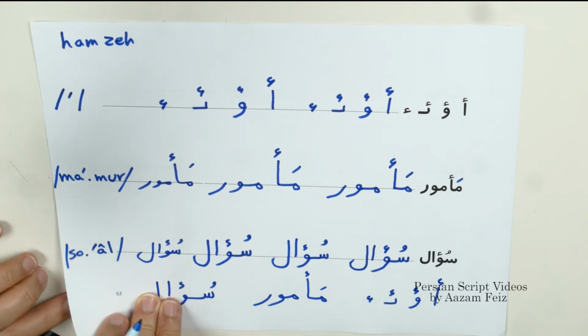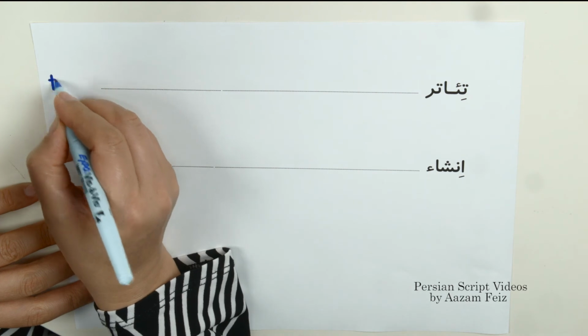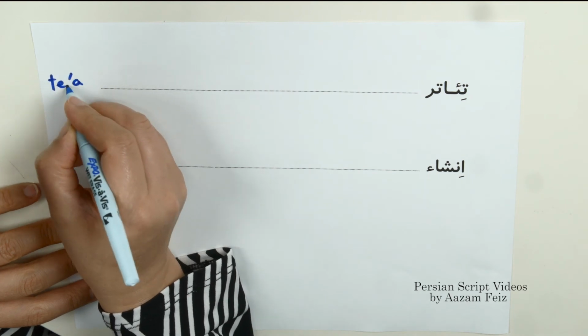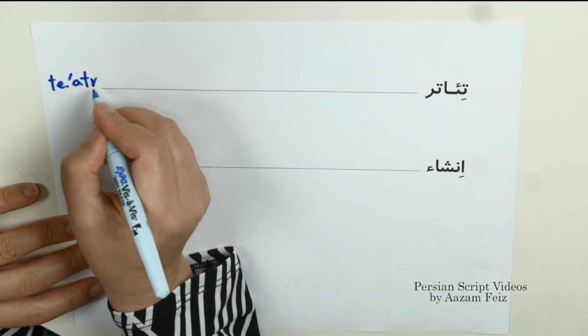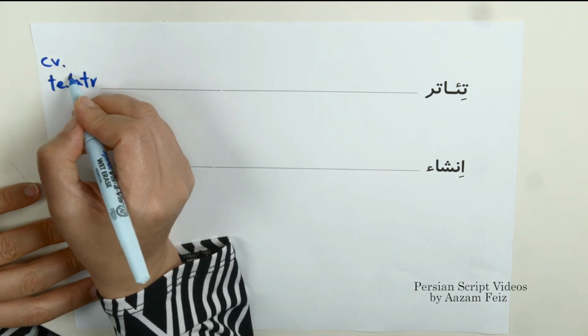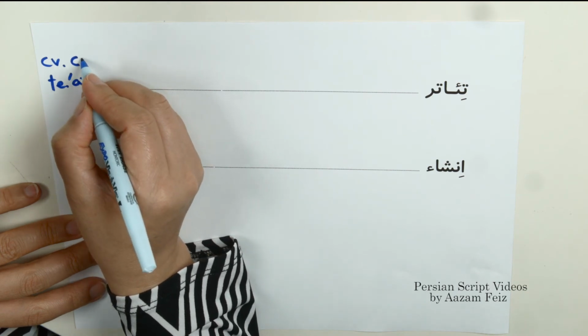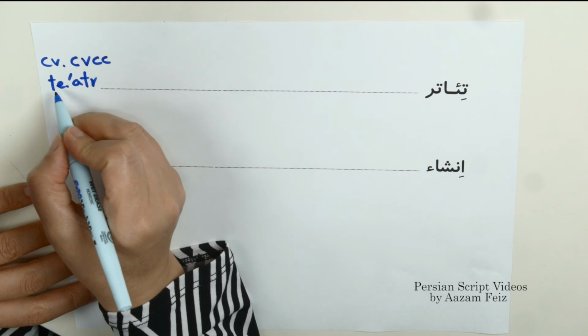Okay, then we learn theater. Theater. It is CV. Then we have hamzeh, which is considered a C, and then VCC. Theater.